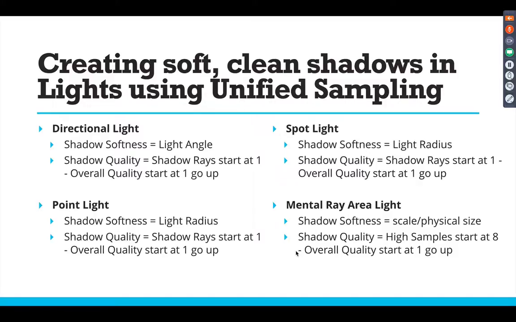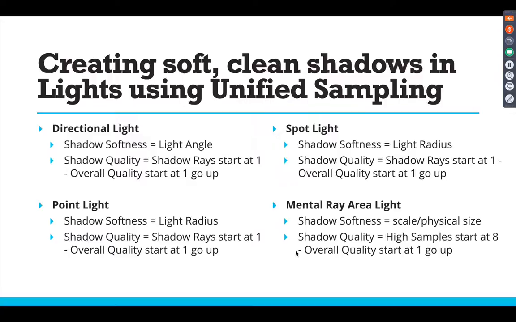This is basically light and shadow information for unified sampling. To soften the shadows, none of that information is changed. Those lights remain the same. Directional light, shadow softness is going to be light angle. Point light, spotlight is going to be light radius. Area light is going to be the physical size.